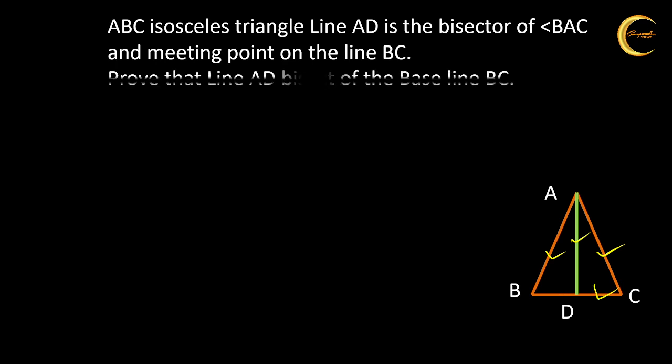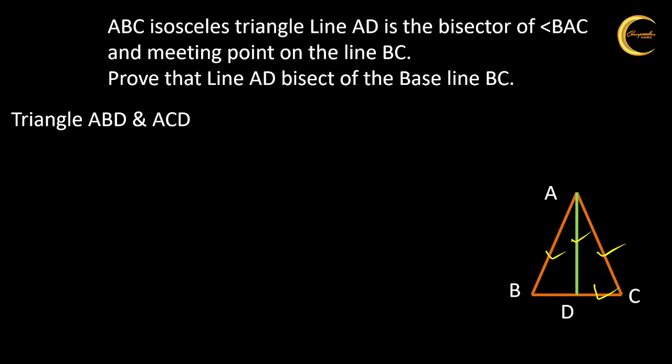Now we have to prove the first problem, that AD bisects the base BC. Another way you can say is this point D is the midpoint of the BC line. Okay. Now you see we have two triangles.